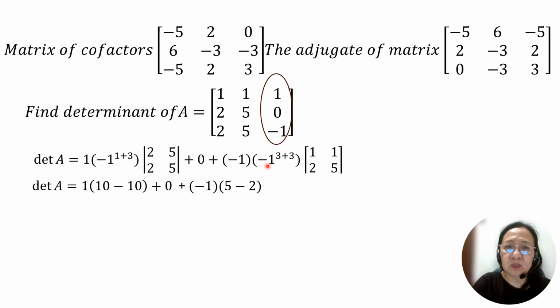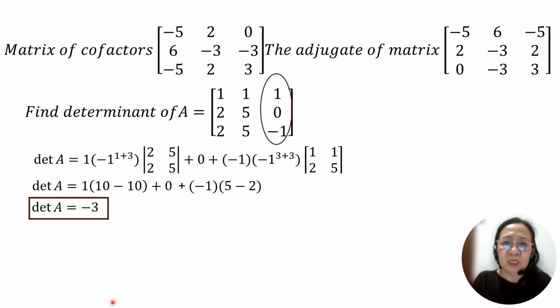We arrive at a positive 1 times negative 1, times this part: 1 times 5 is 5, minus 2 times 1, which is 2. Let us simplify further. 10 minus 10, that is 0, times 1, of course that is 0, plus 0. Then 5 minus 2 is 3. 3 times negative 1 is now negative 3. So our determinant is negative 3.